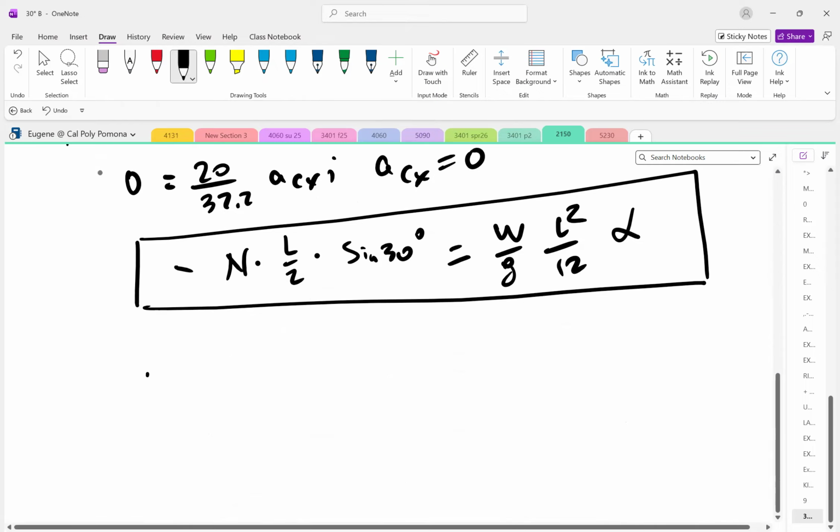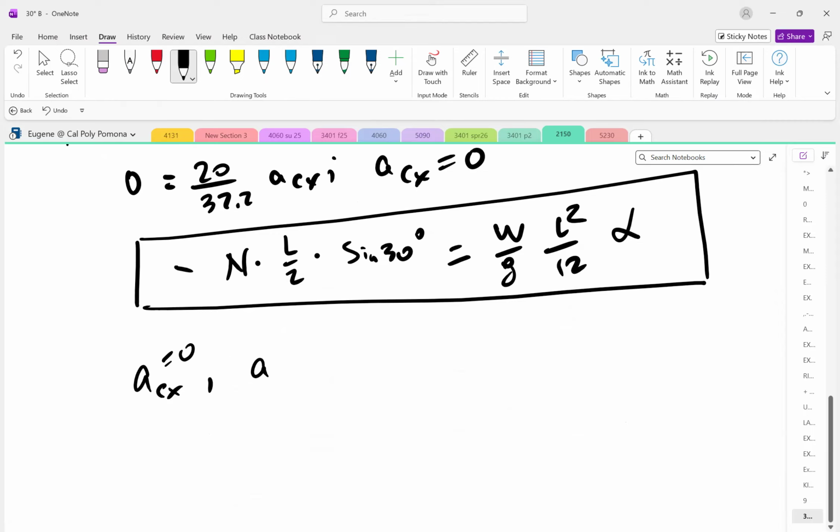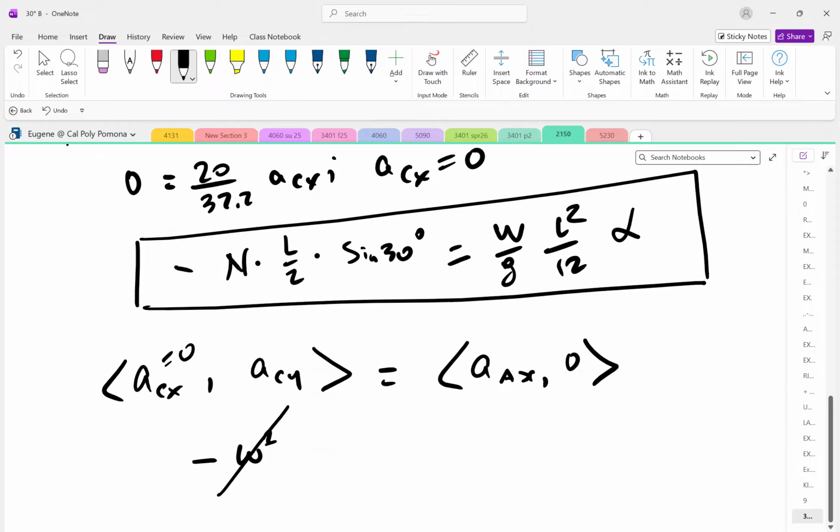So we'll write a_Cx, which is 0, a_Cy, equals the acceleration of A, which is going to be a_Ax, 0. Now comes the term with minus omega squared, but they want us to find it initially. Initially means there was not enough time to develop an omega. Alpha is there, omega is not there. I'll write the term, but I'll cross it out so you'll know that it's there.